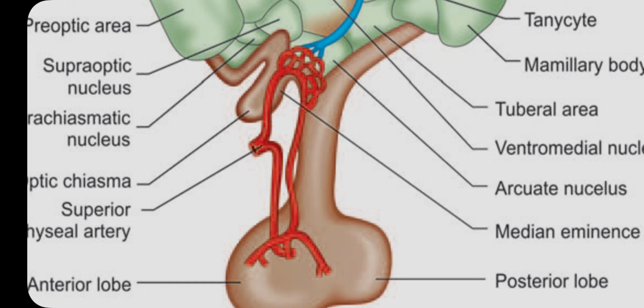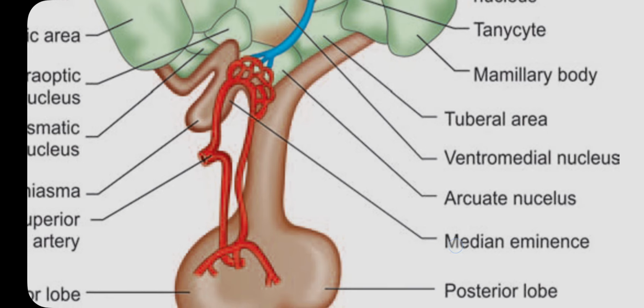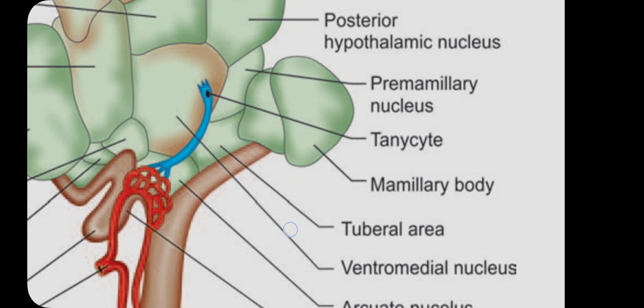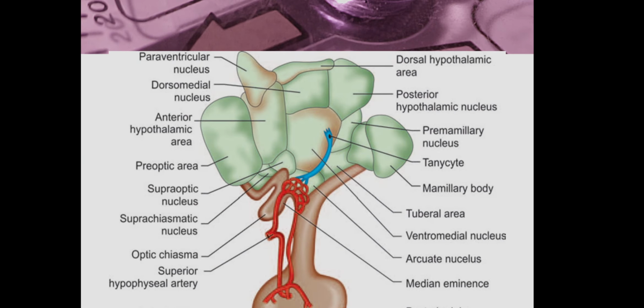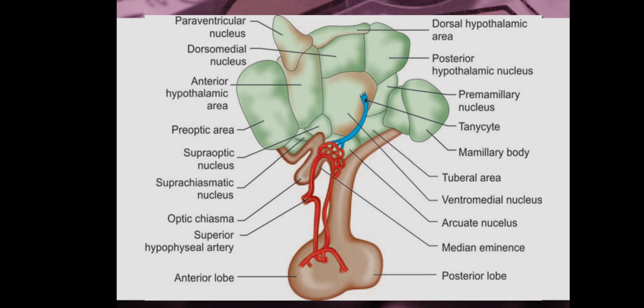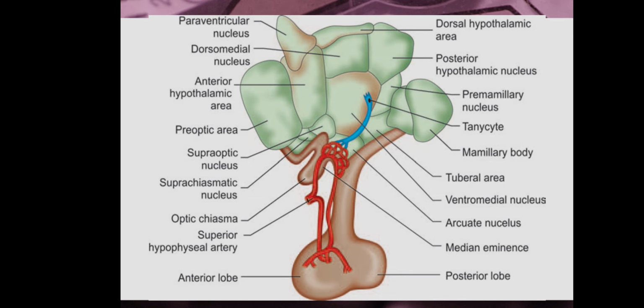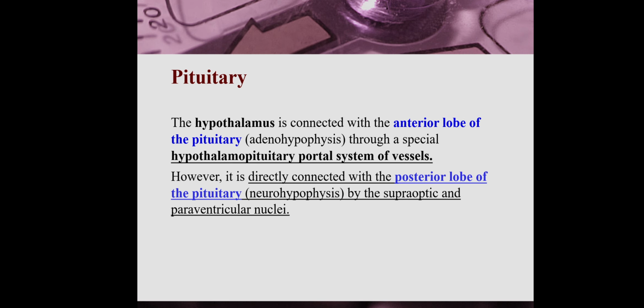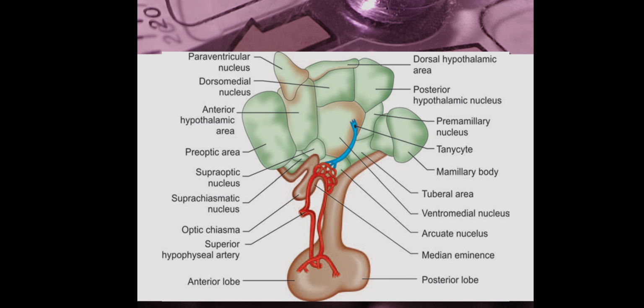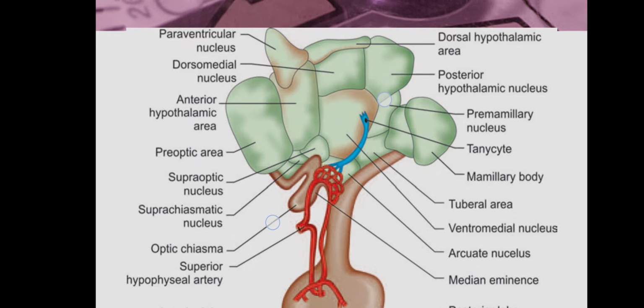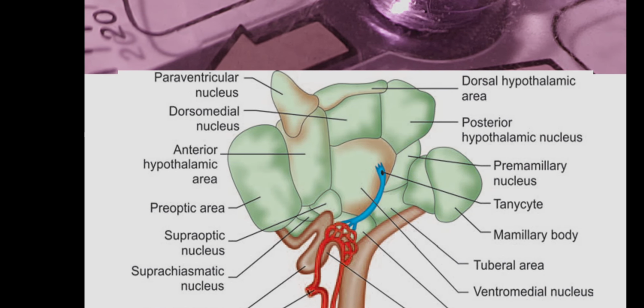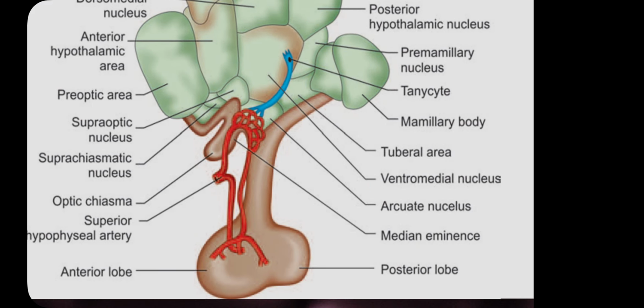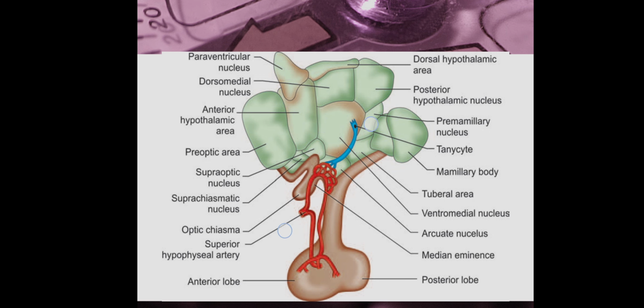So through this portal system of vessels it is connected to the hypothalamus, whereas the posterior lobe of the pituitary is directly connected to the hypothalamus by two nuclei, the supraoptic and the paraventricular nucleus. You can see the supraoptic nucleus and paraventricular nucleus. Through these, they are directly connected with the posterior lobe of the pituitary.